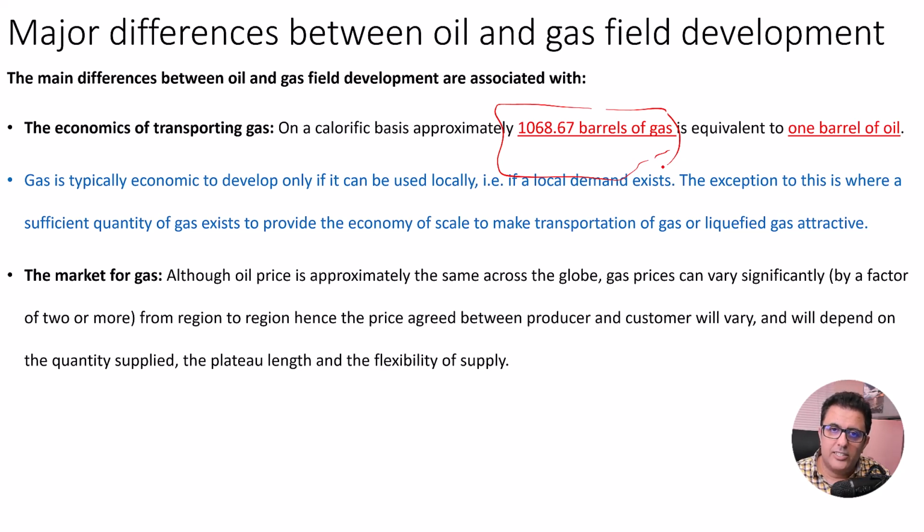So that's another reason that you may think why gas is much cheaper than oil. Another thing, again related to gas transportation, is that the market for gas is local. There should be some network.